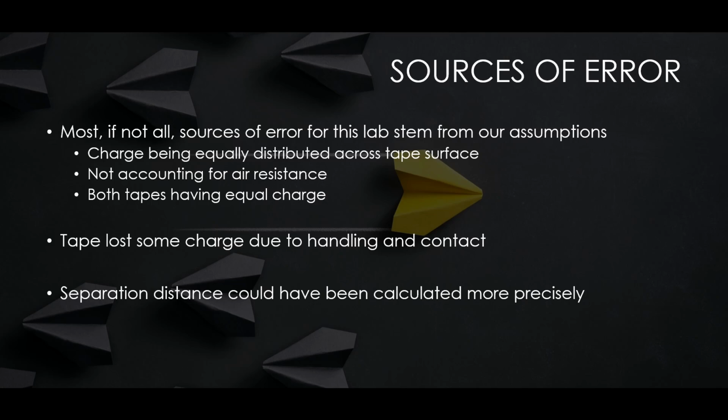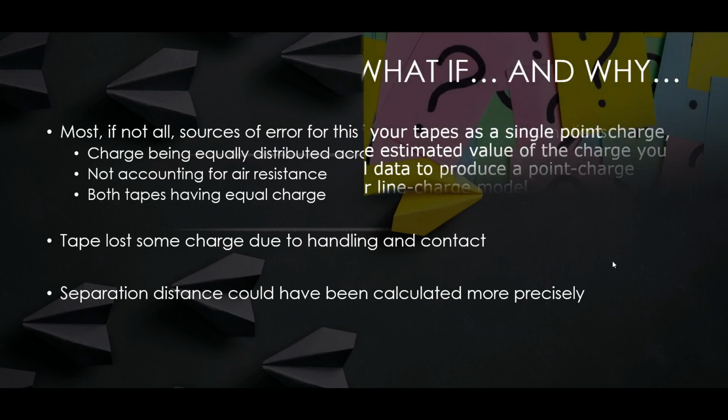In figure 2, as you saw, when you rip the tape off of the other one to charge it up, when you're handling it, it could lose some of the charge, it could dissipate the charge and whatnot. And furthermore, when I was doing that experiment, the separation distance could have been calculated a bit more precisely. I just used a ruler and my eyeball, but I think I got pretty close.